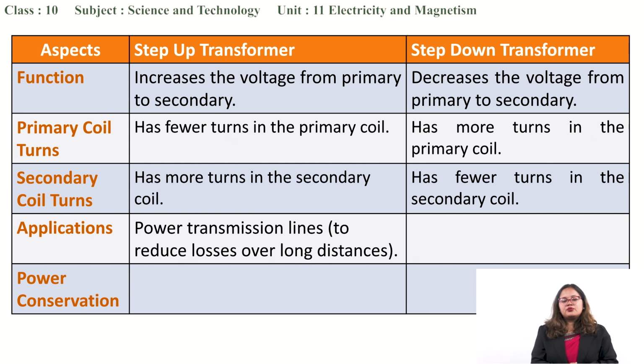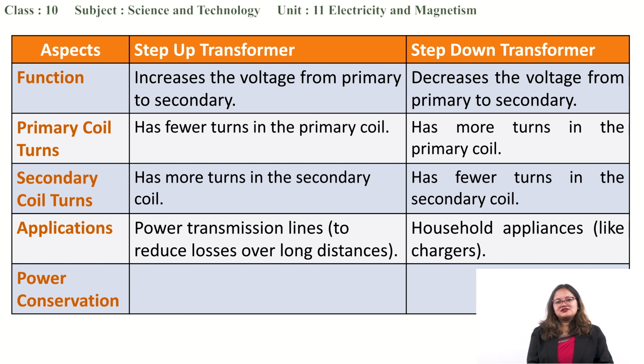So now where is step down transformer used? In the earlier diagram also you have seen that step down transformers are used in the substation, and also in the electrical poles near our house. Along with that, we can also find step down transformer in household appliances like a charger.